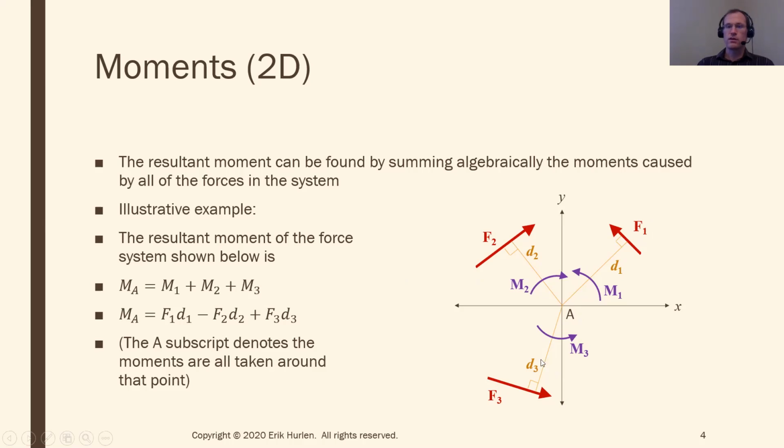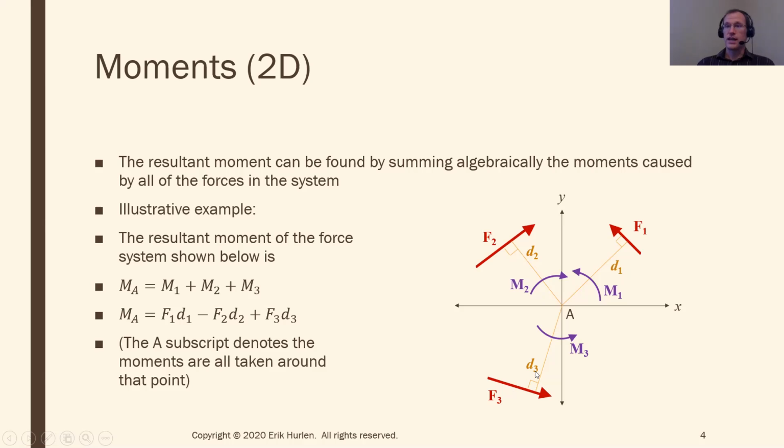Those are my 3 perpendicular distances for my 3 forces causing moments. And then the moment m1 is just equal to that force F1 times that perpendicular distance d1. My moment m2 is just the force F2 times the perpendicular distance d2. And my moment m3 is just F3 times the perpendicular distance d3.